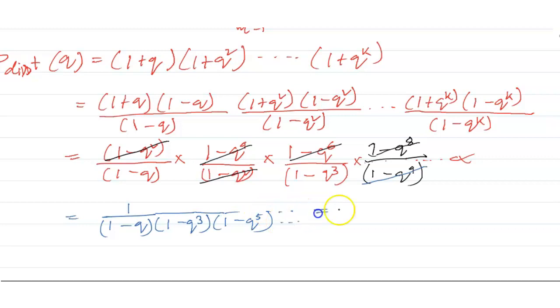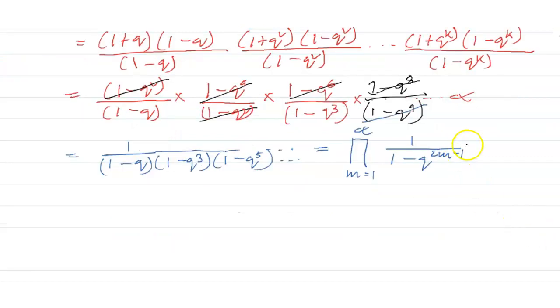So friends, it can be written this way: m equals to 1 to infinity 1 by 1 minus q to the power 2m minus 1. This portion is called P odd n, odd q. Thanks.